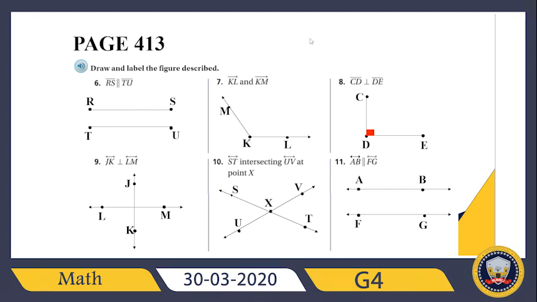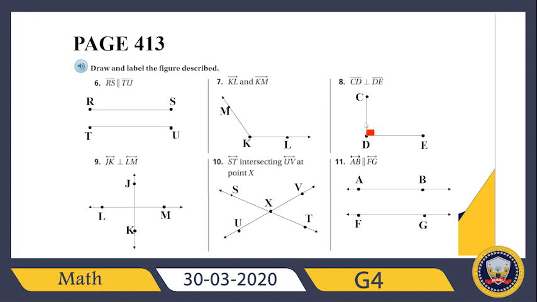Good. What about question 8? Which shape does this represent? It is a line segment, right? So line segment CD. What about this? What does it mean? Perpendicular to line segment DE. First of all, let's draw CD.